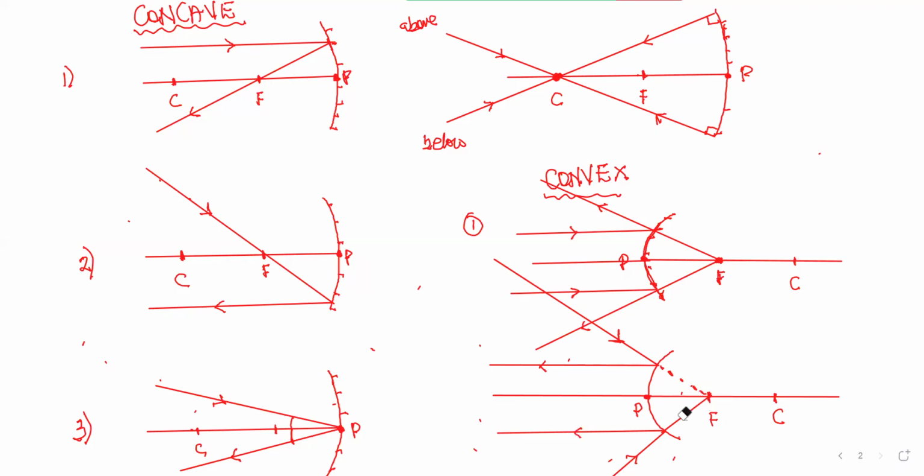I'm clearing this part because the ray must appear to be passing through F. The reason for me using the broken line to fix this part is because it's not a real thing. It's a virtual thing. The ray appears to be coming from above or below and appearing to be passing through F. And after reflection, it must reflect and be parallel to the principal axis.